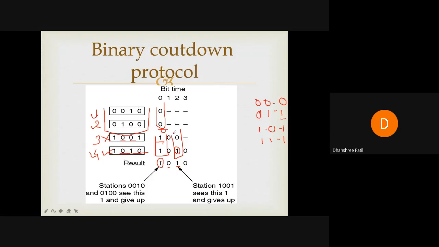So is there any chance of collision? Obviously no, because everything is predefined, who will send on which criteria. So there is no chance of collision.